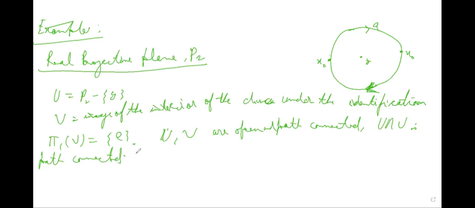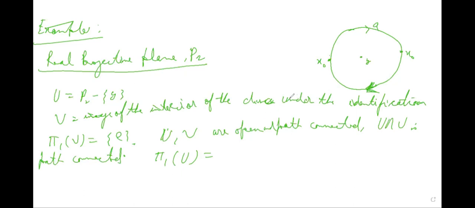So almost everything will be similar to the case of the torus, except the homomorphism phi from pi1 of U intersection V to pi1 of U. So pi1 U is going to be what?